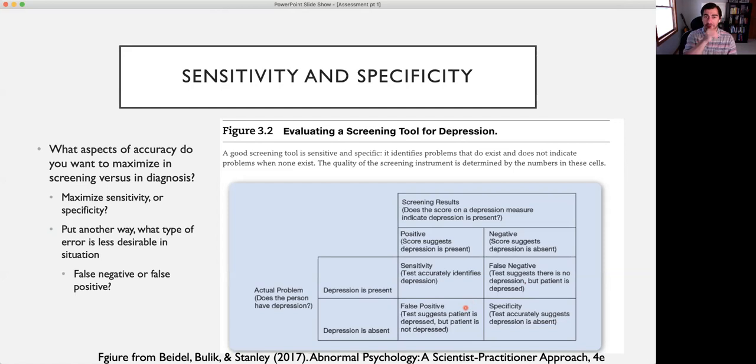So which one are we saying is the most important? Do we want to maximize sensitivity or specificity when we're doing the screening process? Put another way, what type of error is less desirable or more problematic in a given situation? Is a false negative more problematic, or is a false positive more problematic?